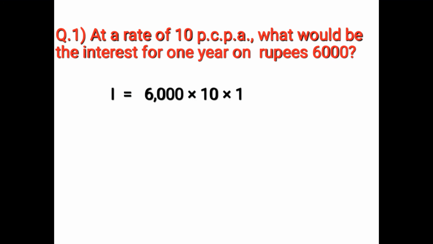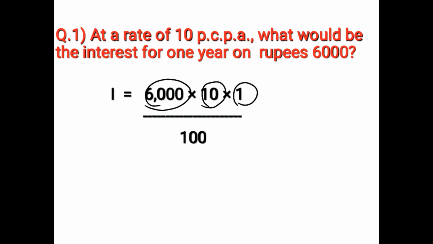And then write in multiplication form. What do P, R and N stand for? You have to see which numbers are given and write them in multiplication form. 6,000 is principal, 10 is rate of interest, 1 is number of years, as I wrote in the formula just now.